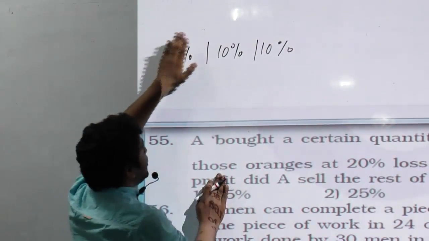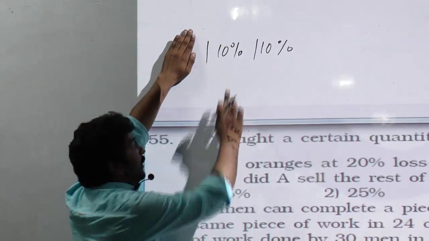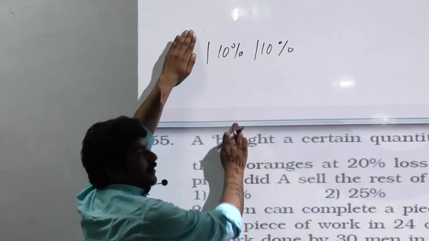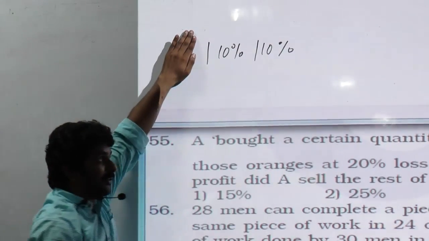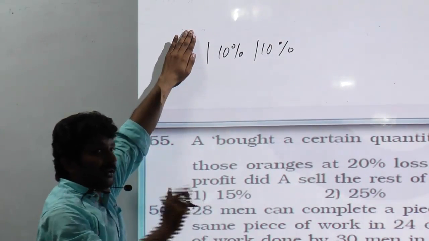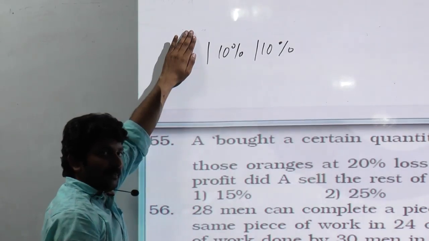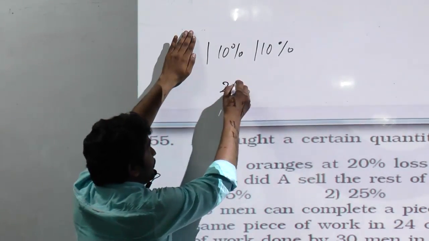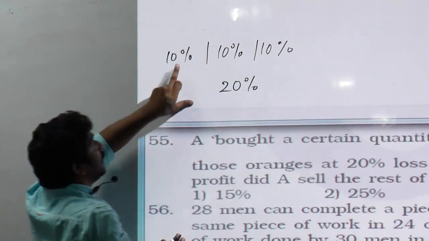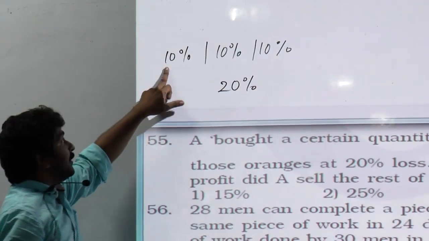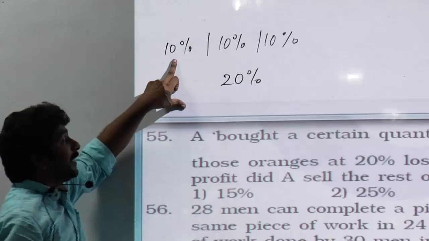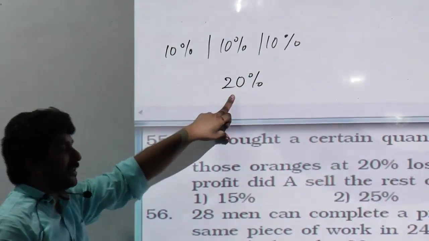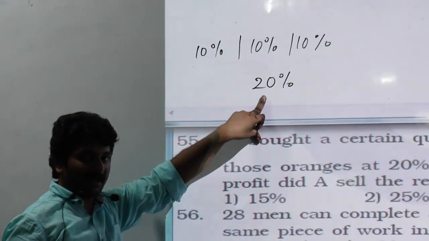So now this is already sold out. You are asked about these two. Now from the second part you need to have 10%, and from the third part again you need to have 10%. Total 20%. And from the first part, if you get 10% profit, then this will be your final answer. Yes or no?